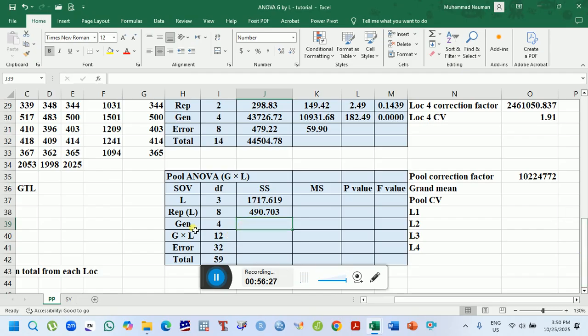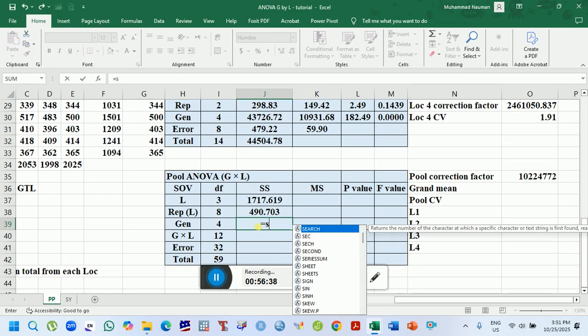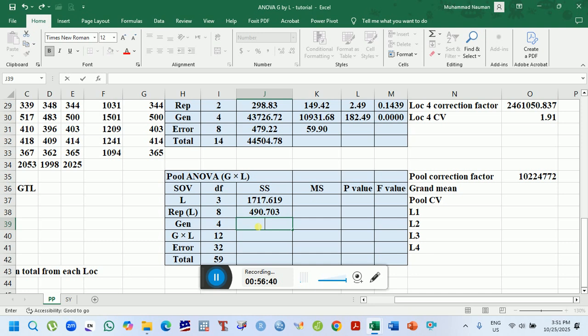$490. Okay, now we will calculate the genotype sum of square. First we will see the method. Before calculating the genotype sum of square, this is a little bit complicated.